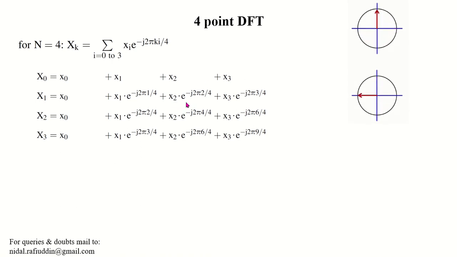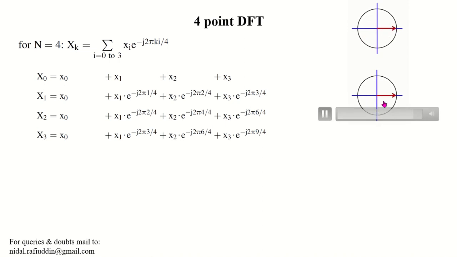Now the next term e raised to power minus j pi is the vector on the left side on the real axis. So x1 will have the exponential terms associated with it representing the vector rotating by 90 degrees.